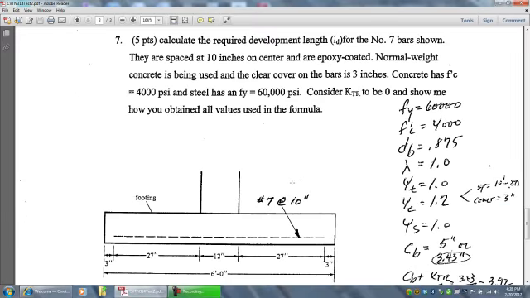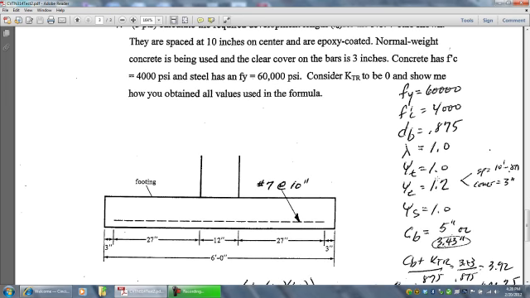Last problem, 2 parts. Again, a footing, and you're calculating the development past the plane of the face of the wall. You can see all my variables there. The only one that probably requires some explanation is for the epoxy coated steel.